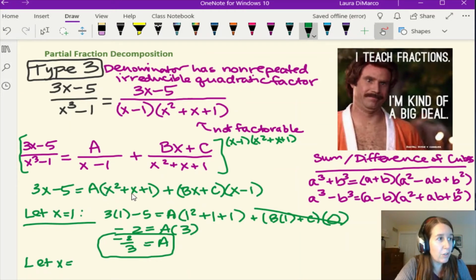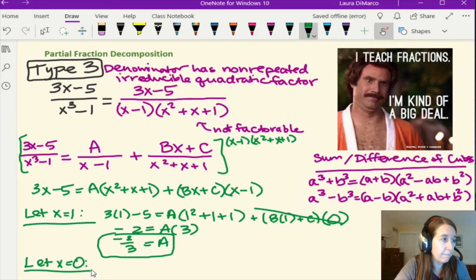It wouldn't have worked before because I would have still had an a there, it would be a times 1 if x was 0. But now that I know the number of a, I can just put in negative 2/3, and I can put 0 times b. The c will still be multiplied by 0 minus 1, so it's actually negative c. So that's going to work. Okay, let's let x equal 0.